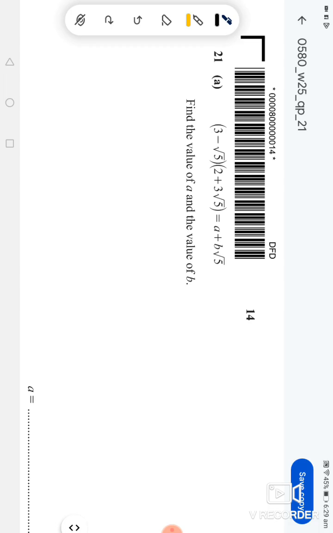Question 21. 3 minus root 5 multiply 2 plus 3 root 5 equals a plus b root 5. Find the value of a and the value of b. So let's multiply. 3 times 2, 6. And 3 multiply 3 root 5, 9 root 5. Then minus 2 root 5.